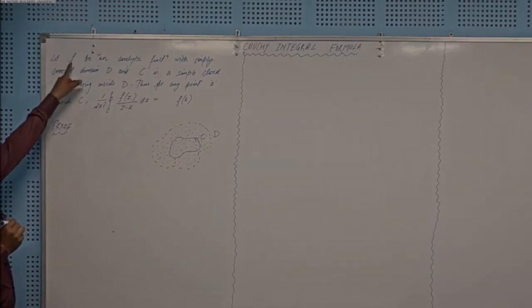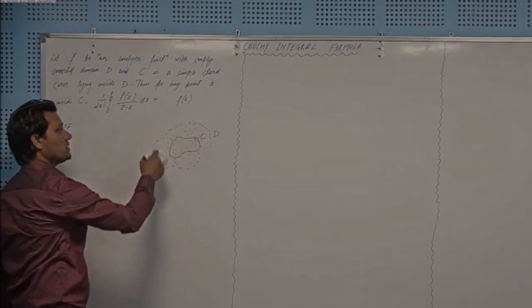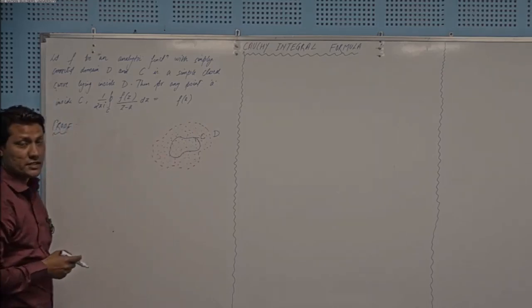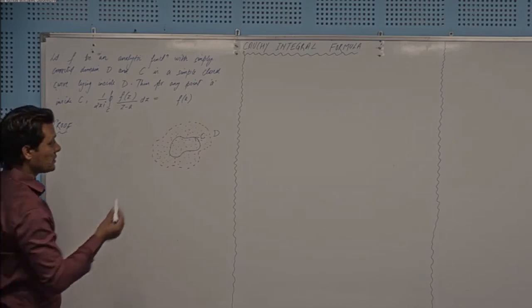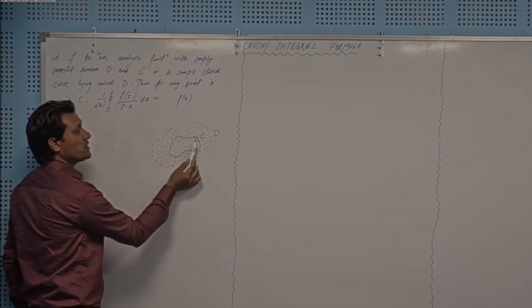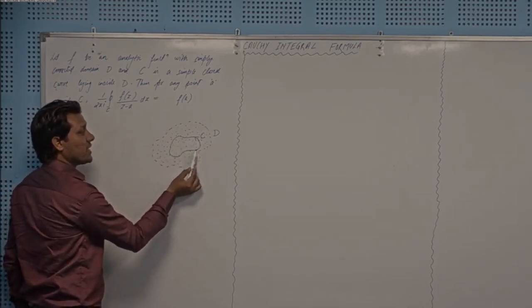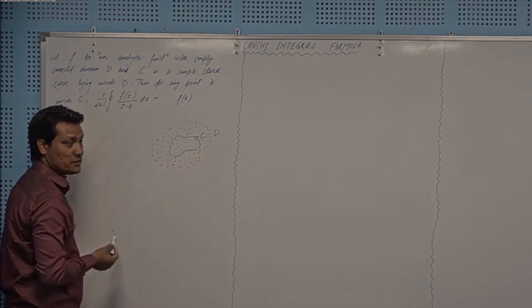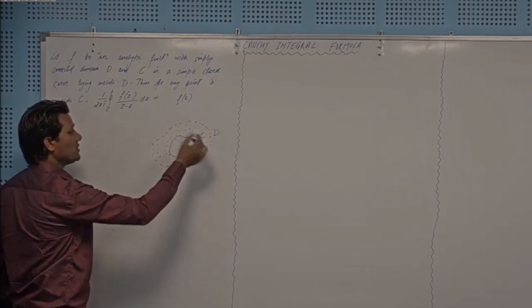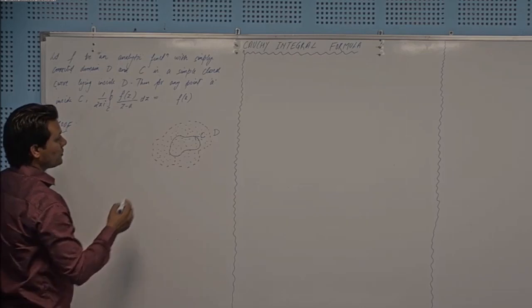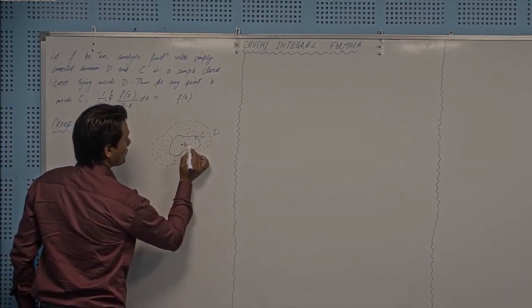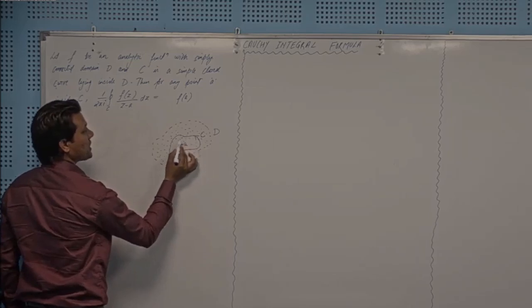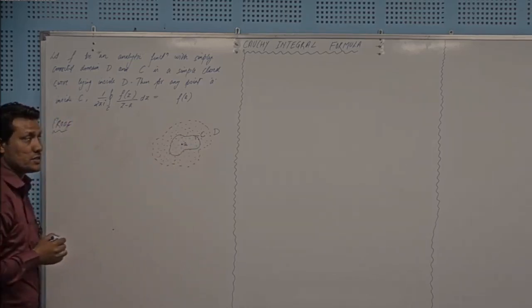And if you are saying that f is an analytic function over this red region, domain D, then it is a direct consequence that f is also analytic inside C as well as on this curve C, right? Because f is analytic over this red region. And this is your point a. a is any point on it. You can take this point anywhere, but inside of this closed curve C, right?